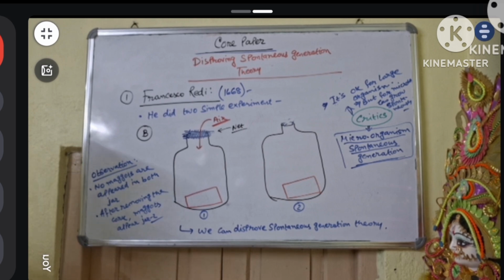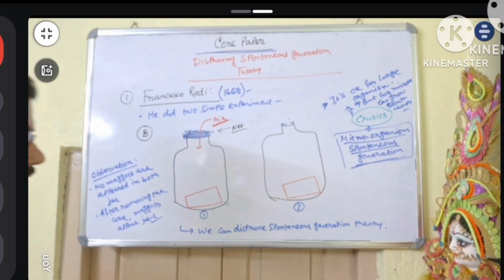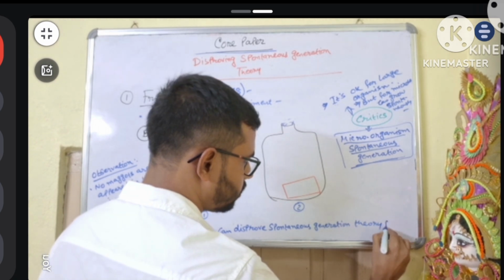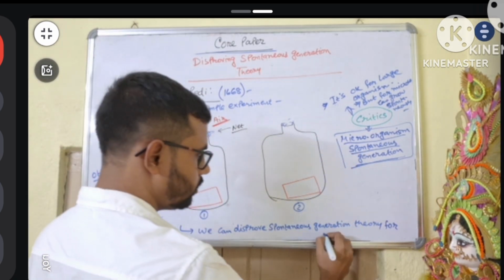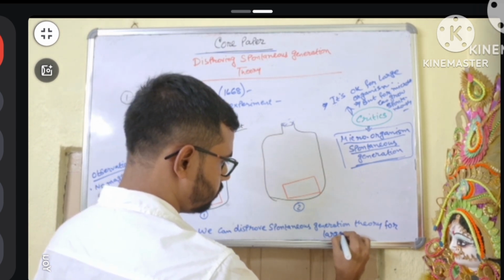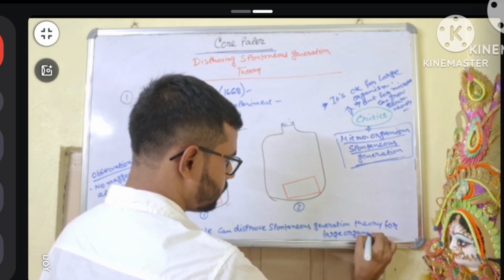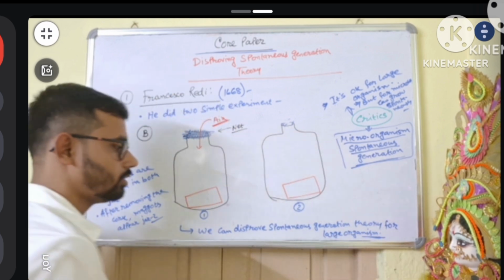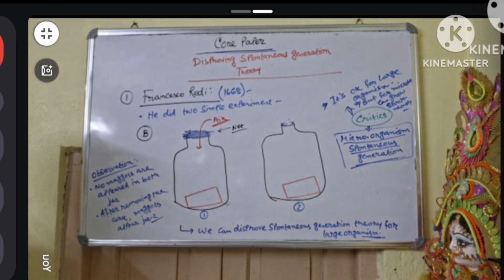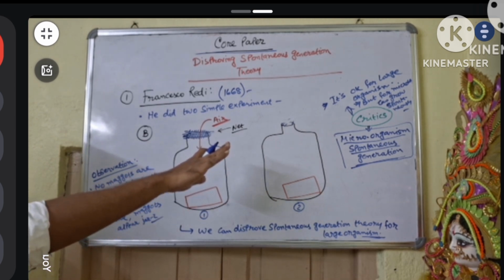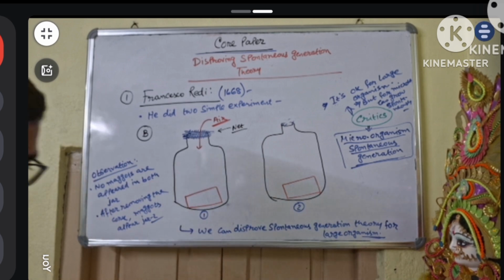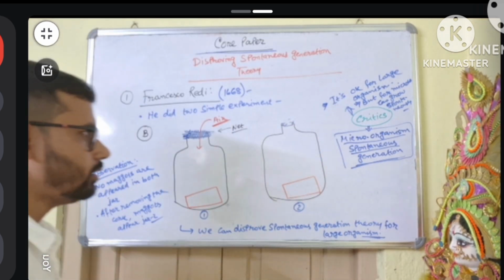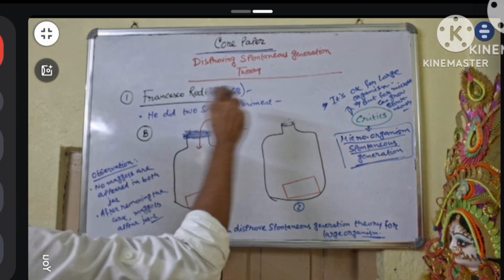So Francesco Redi disproved the spontaneous generation theory for large organisms, for eukaryotes. The statement should be made clear, because he could not show the disproving of spontaneous generation at the microbe level. So a second scientist came and tested this hypothesis.